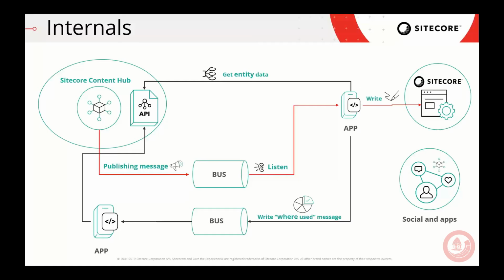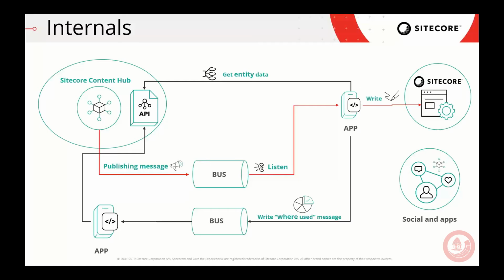As soon as Sitecore picks the message from the service bus, it creates an API call to Content Hub directly. The published message actually contains the entity which was either created or modified. So with the entity ID, we make a call to the API and get the whole JSON format data for that.